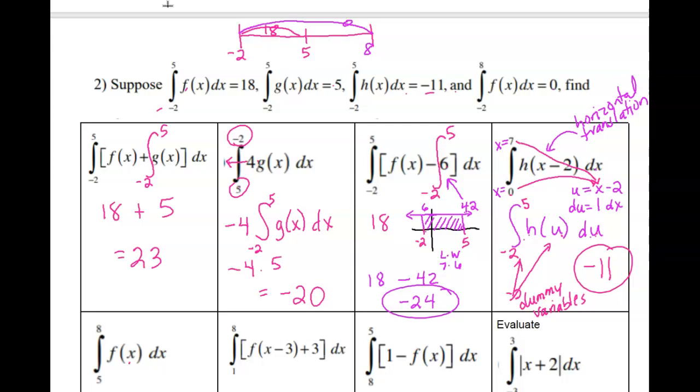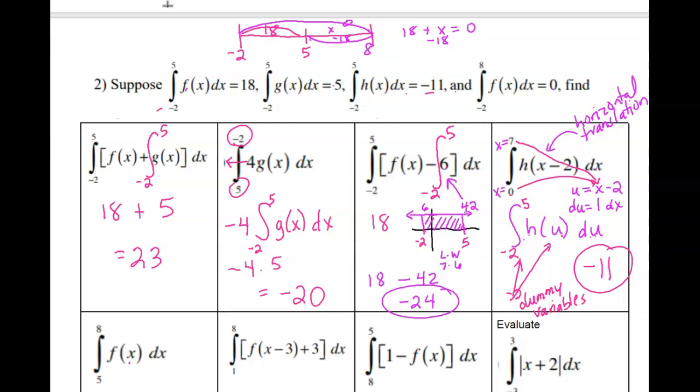So what had to happen? Well, something had to happen from 5 to 8 because I know the total is 0. Well, this is just an equation. You can think of this as 18 plus what has to give me 0. And you're thinking, oh, well, it has to be negative 18. So even if this was all above, this had to be all below in order to make that total integral value true.